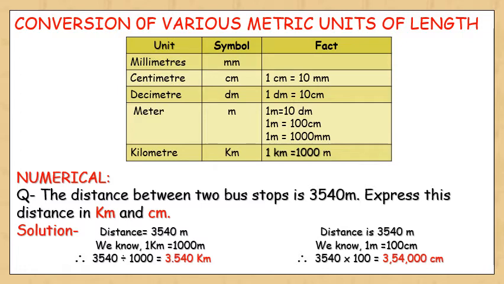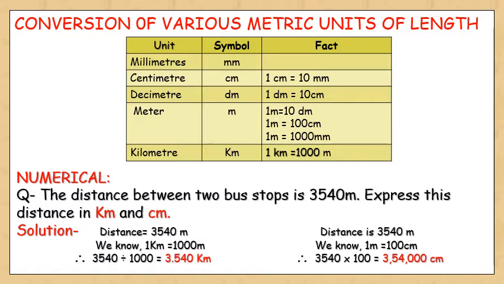That is 1000. So we will divide 3540 by 1000, because 1 kilometer is equal to 1000 meters. So we will divide 3540 by 1000 and we will get 3.540 kilometer. Understand?